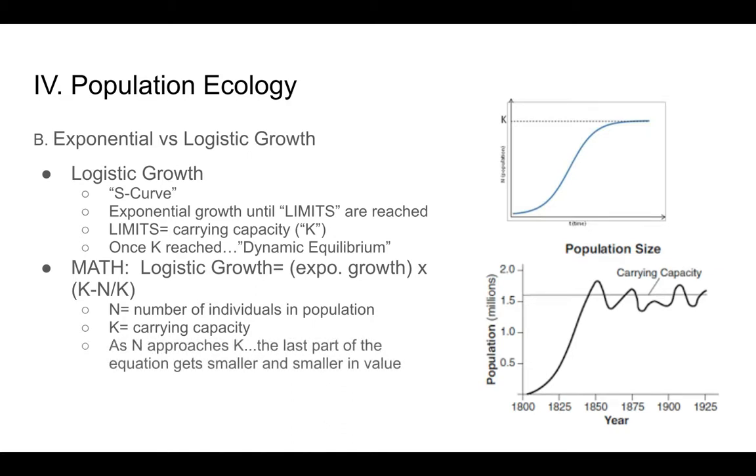Here's what you should notice. As your K and N values numerically get closer and closer to each other, as your population number N approaches K, your carrying capacity, this calculation as a value, if you plug it into your calculator, gets smaller and smaller, which indicates that the population is growing at a slower rate and eventually will grow at a negative rate, which is what brings our population back down below carrying capacity.